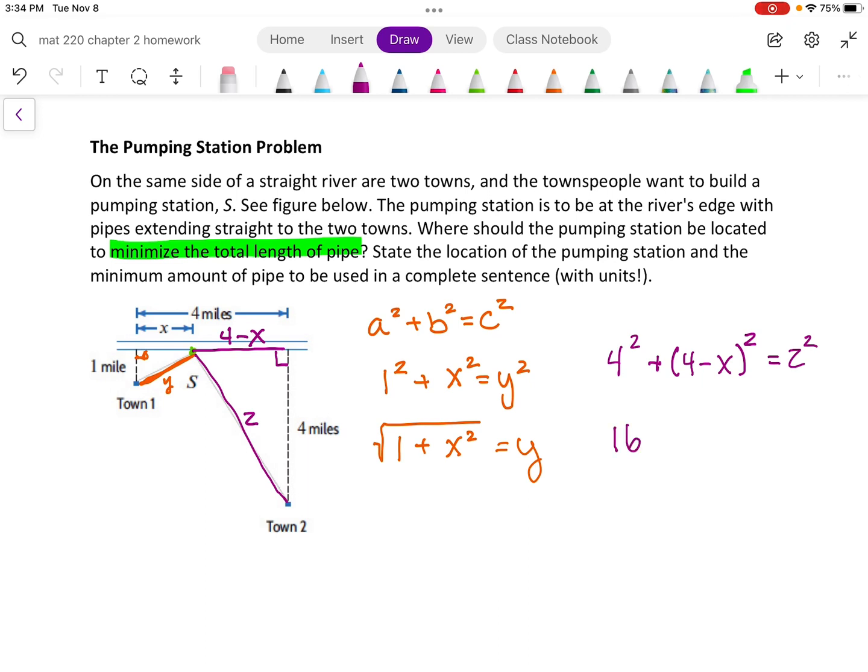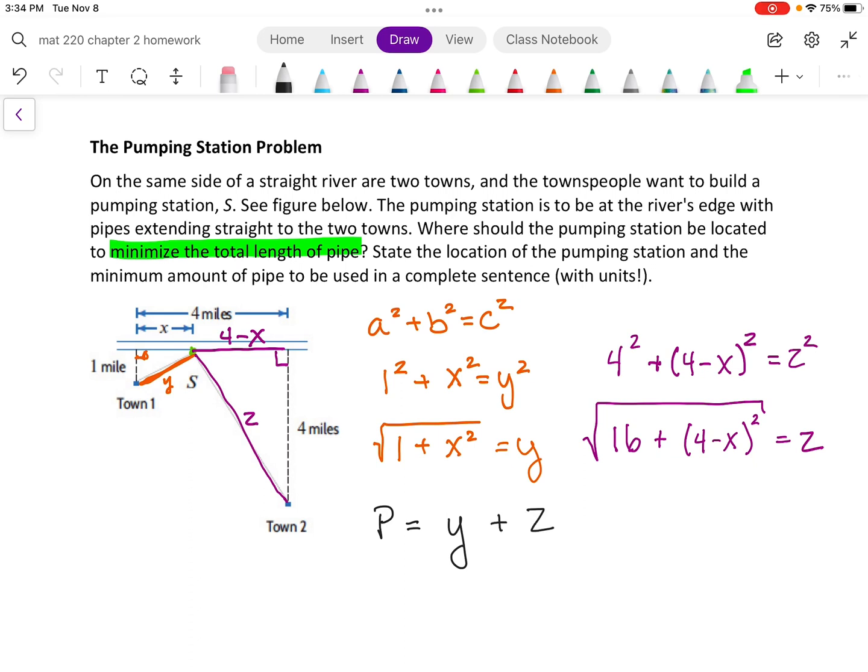I'm going to simplify out that 4 squared, which is 16, and for now I'm just going to leave (4 minus x) all squared. I would take the square root of everything, and that would be equal to z. Now, the length of my actual pipe, we'll call the length of the pipe p, would be equal to whatever the length of y is, plus the length of z.